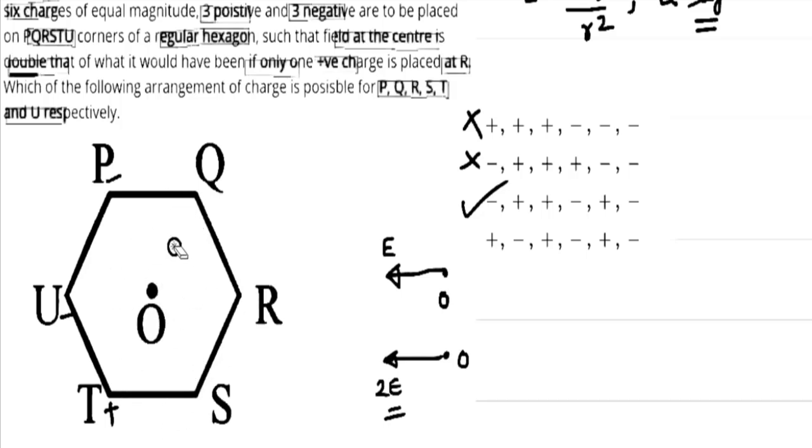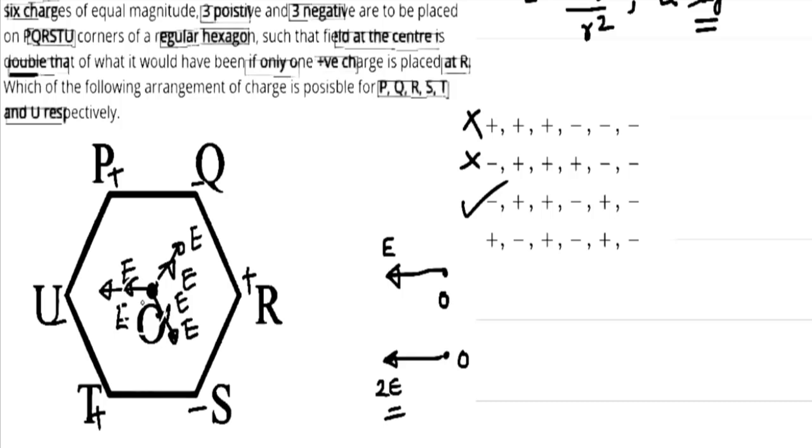So if we are talking about option D, we are given at P the charge is positive, Q is negative, R is positive, S is negative, T is positive, and U is negative. So due to positive at P the electric field will be in this direction, negative at Q the electric field will be in this direction, positive at R the electric field will be in this direction, positive at T the electric field in this direction, negative at S electric field in this direction, and negative at U the electric field in this direction.